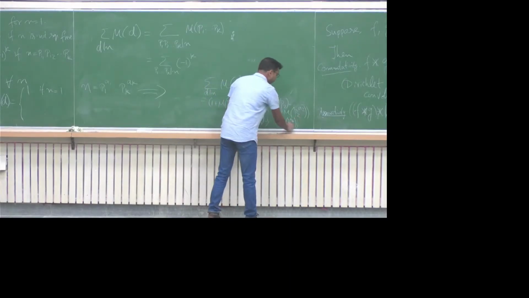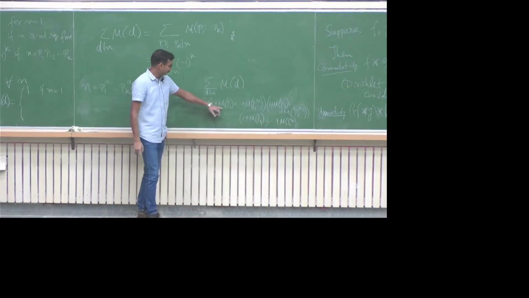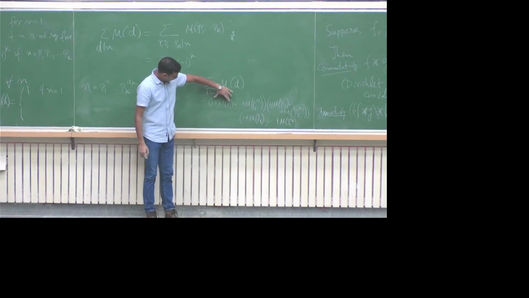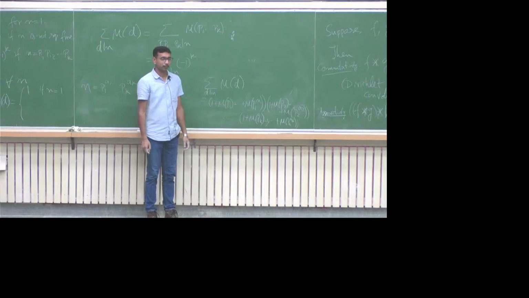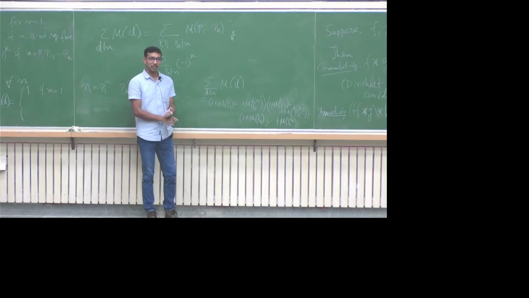And then you just have to look at the square-free part because the rest are all zeros. That was the idea.